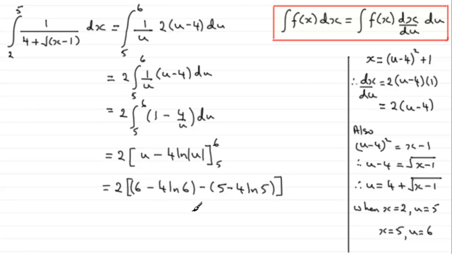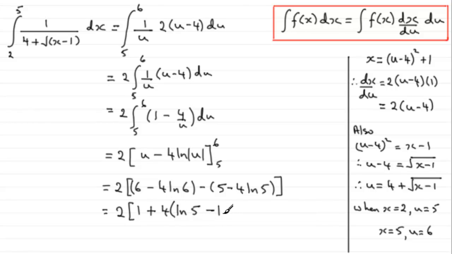Okay. Now let's tidy this up. We've got the 2 there, and we've got 6 take away that 5, so that's 1. And then we've got plus 4 natural log of 5, and we've got minus 4 times the natural log of 6. So I could actually factorize this, pull out a 4.